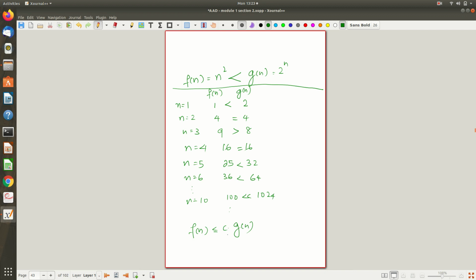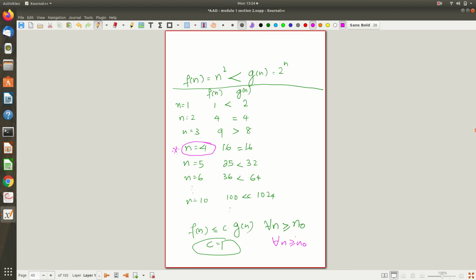So for this value of c it is found to be true, and this is true for all n greater than or equal to n0. At this point it has to be very clear. So what is my n0 here? My n0 here is 4. This is important: for all n greater than or equal to n0, from this point onwards I can reach this kind of conclusion.